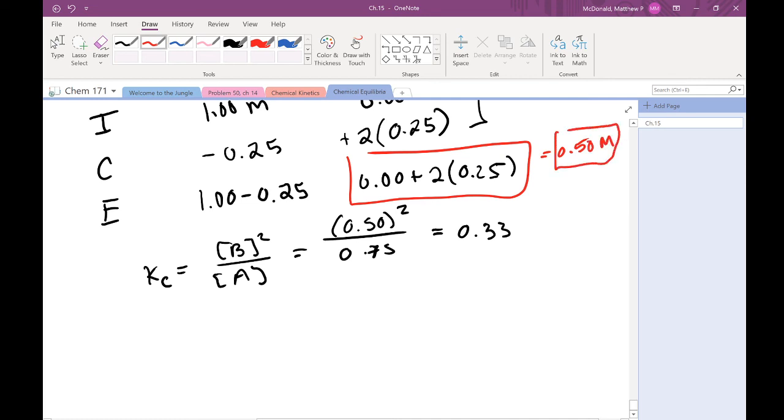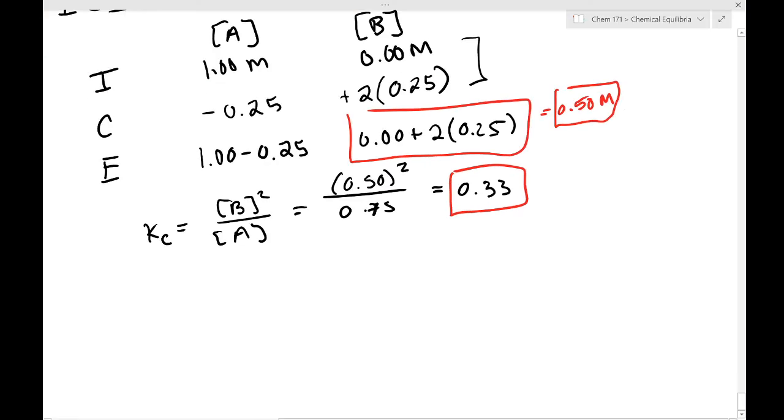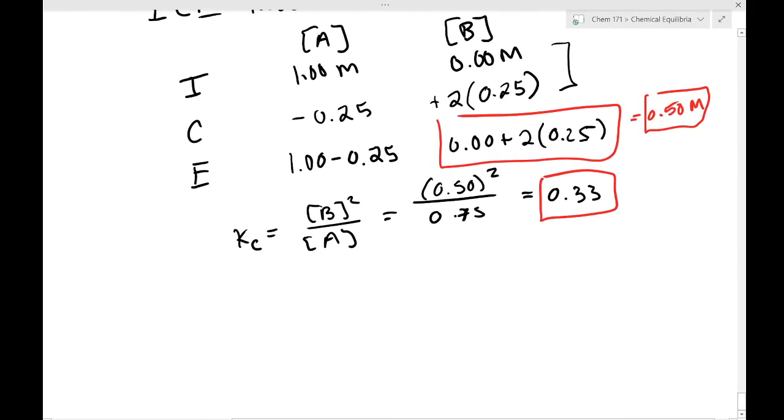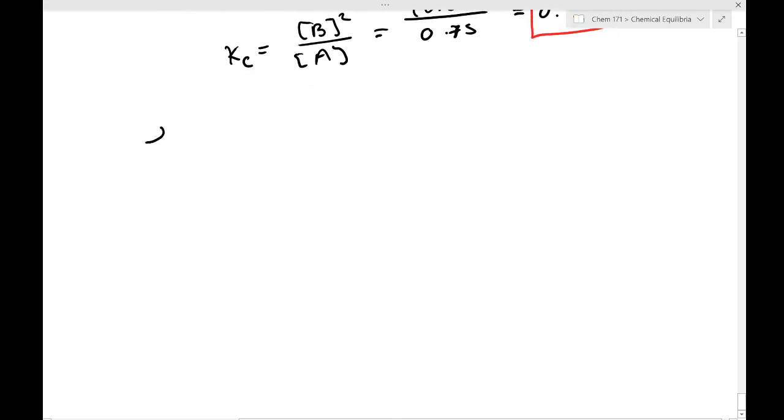So we have Kc, and we have the concentration of B at equilibrium. So we've solved the problem using what's called an ICE table. Now, ICE tables can be a lot more complicated than what I've just drawn. This was a very simple explanation. Okay, so let's do another example. Let's do one more example here.